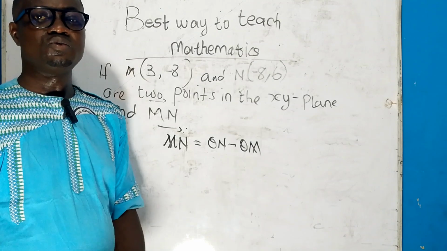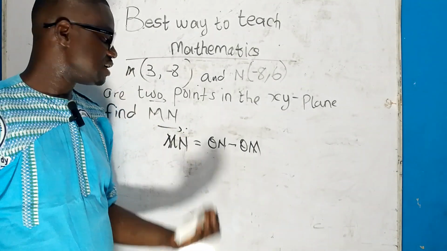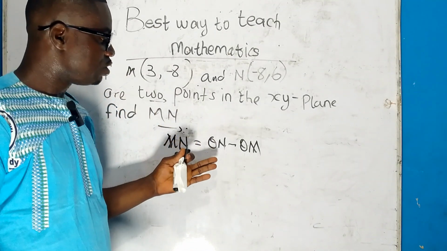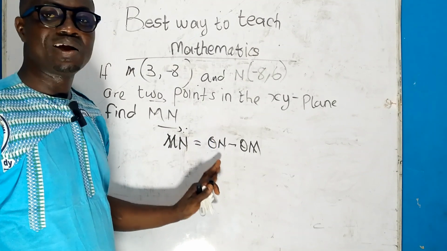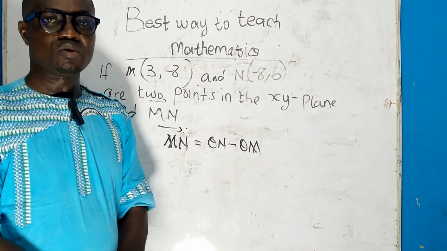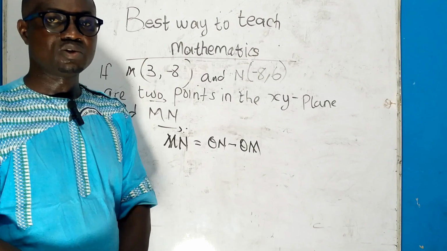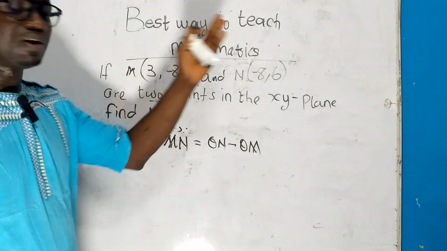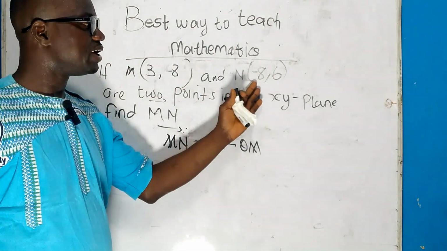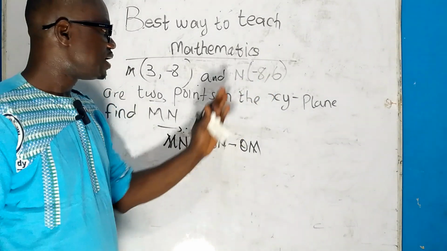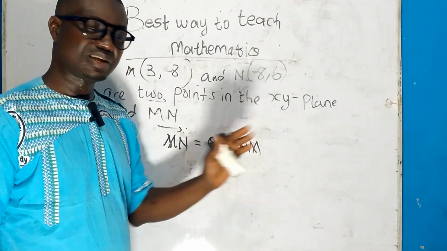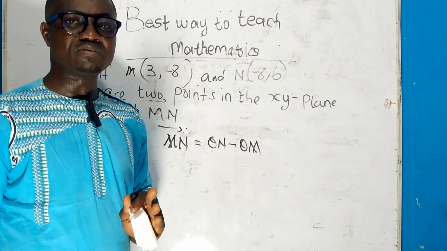The next thing that you do is to substitute the values of N into where you see the value of N. So the value of N here is (-8, 6). Mind you, (-8, 6) is in coordinate form.